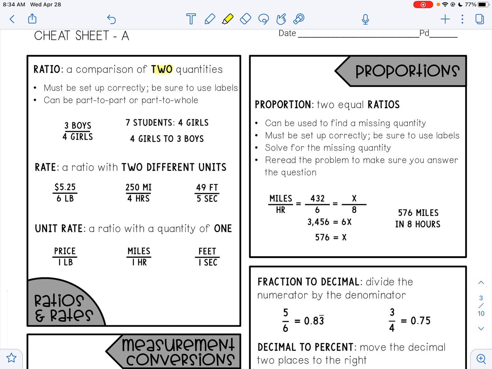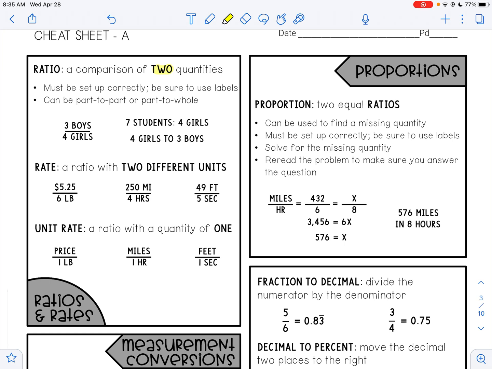When it says must be set up correctly, that's going to all be determined in the question. So if it says the ratio of boys to girls is 3 to 4, then the boys would go on the top and the girls would be on the bottom. If it said students to girls, students would be on the left, girls would be on the right. If it said girls to boys, then it would be girls on the left, boys on the right. So it's all dependent on what the question is asking and how they phrase it.